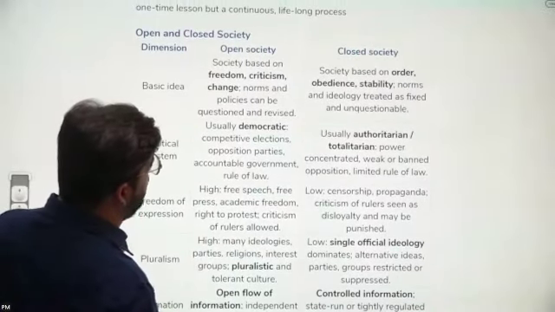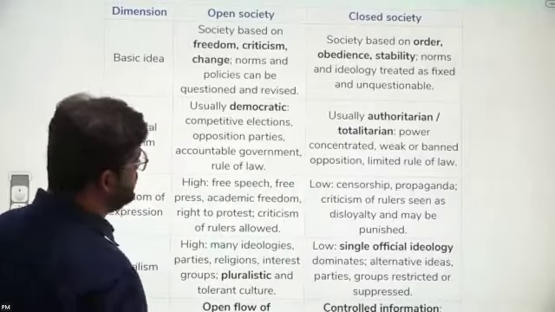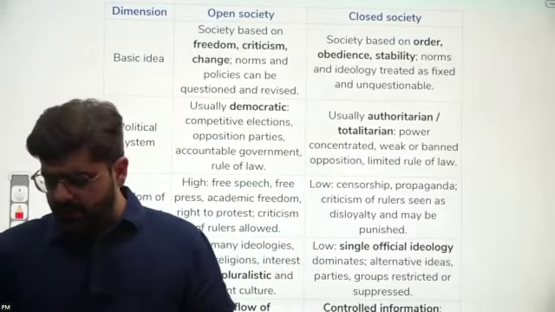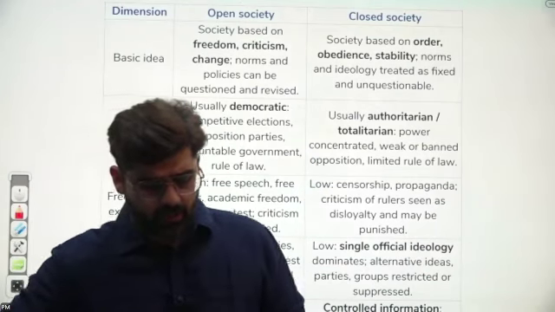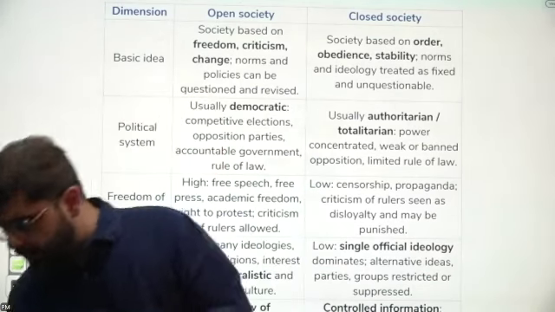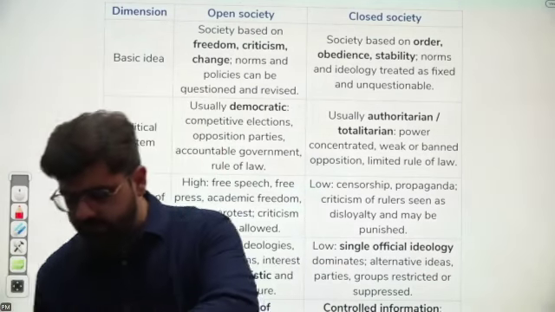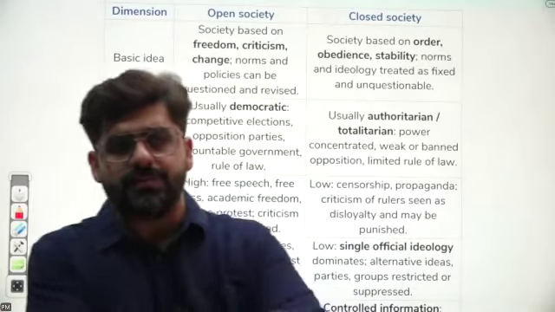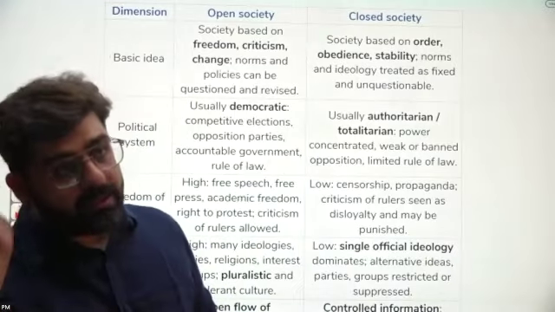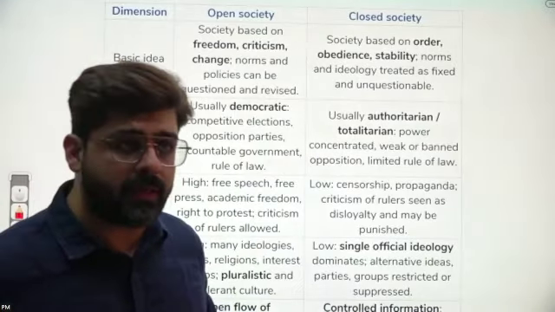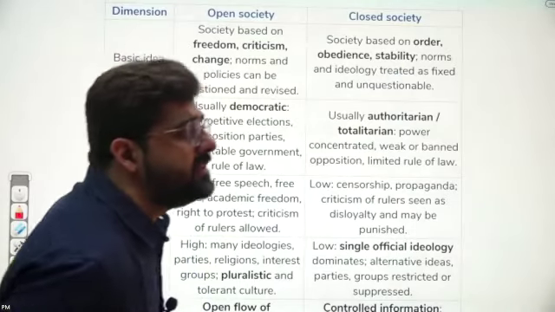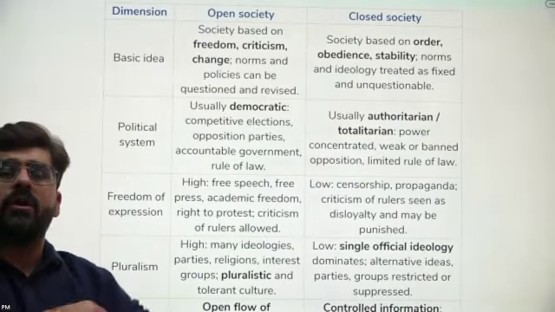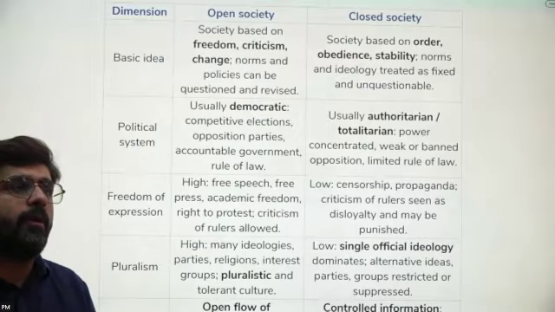So basically the idea of open and closed society is that those societies which value freedom, choice, and which are largely built on the freedom of speech and expression, and they continuously talk about how using this freedom of speech and expression we can have multiple interest groups coming up, multiple parties coming up, and this leads to continuous bargaining, continuous conflicts, continuous change of policies.